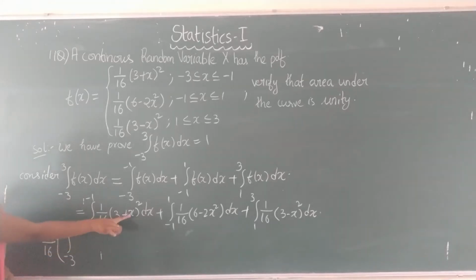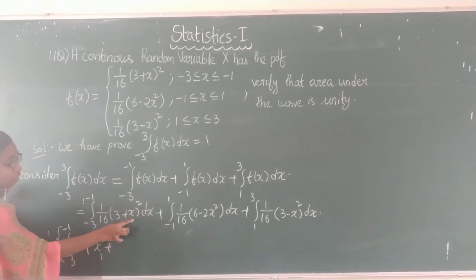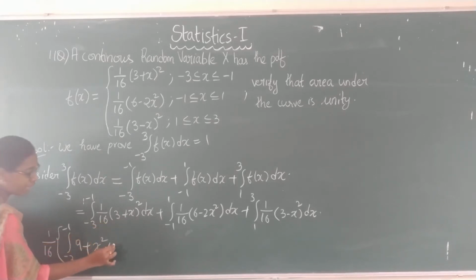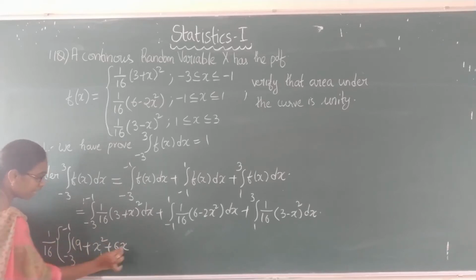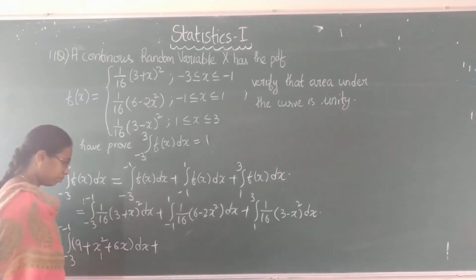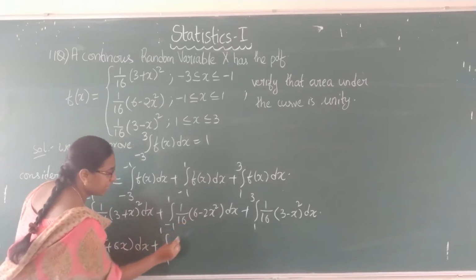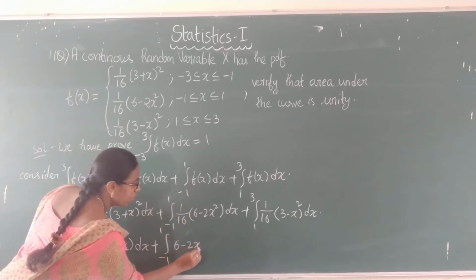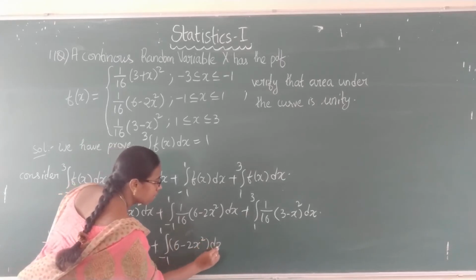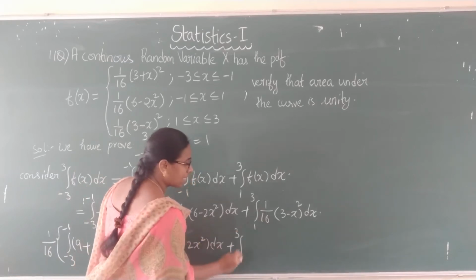This is in the form of (a plus b) whole square, that is 3 square is 9 plus b square, that is x square, plus 2ab, 2 into 3, 6 into x, is 6x dx, plus second integral, integral over -1 to +1, here as it is 6 minus 2x square dx, plus here integral 1 to 3, 1/16 is already common.